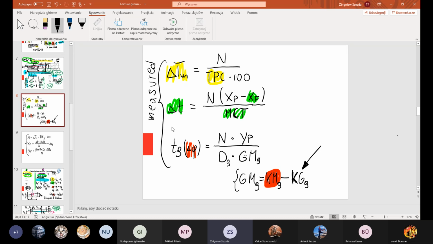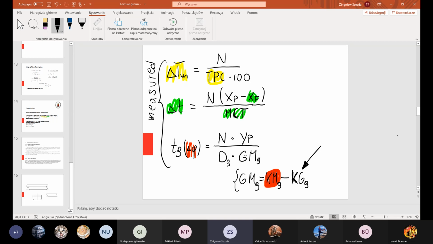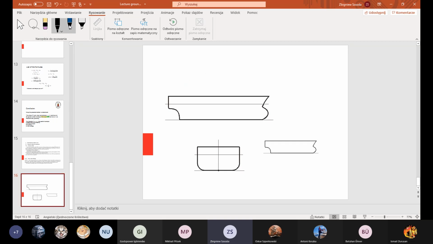The change of trim: this is the force, the weight that has been discharged, multiplied by the distance between the point of action and the pivot point, the center of rotation. This is the moment acting on our ship, a moment in the longitudinal section. If we divide the moment by the moment to change trim, we will obtain the change of trim. I am not sure, shall I show the second formula? Okay, maybe I will do it.